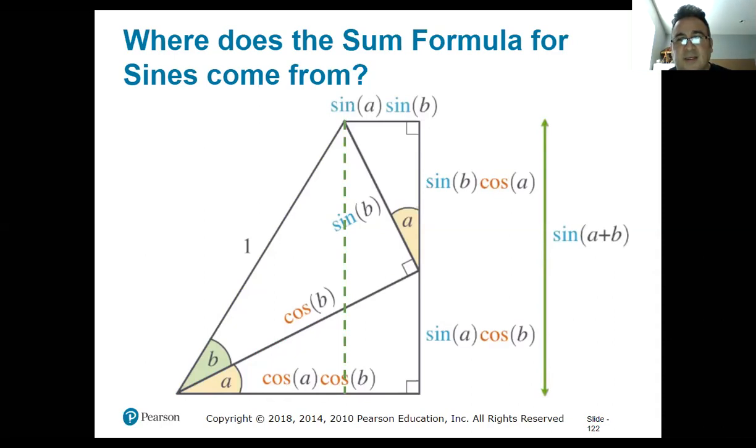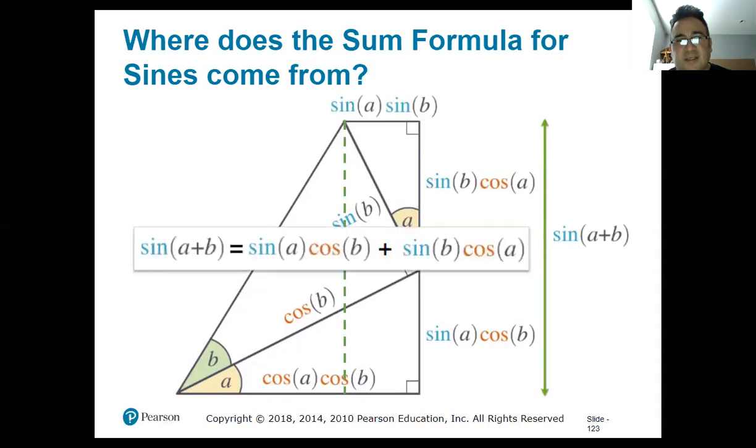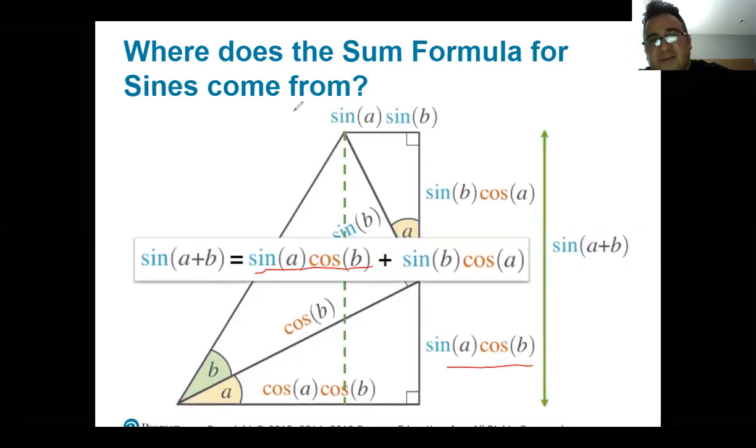Sine of A plus B is sine of alpha times cosine of beta plus sine of beta times cosine of alpha. There you go. That's it.